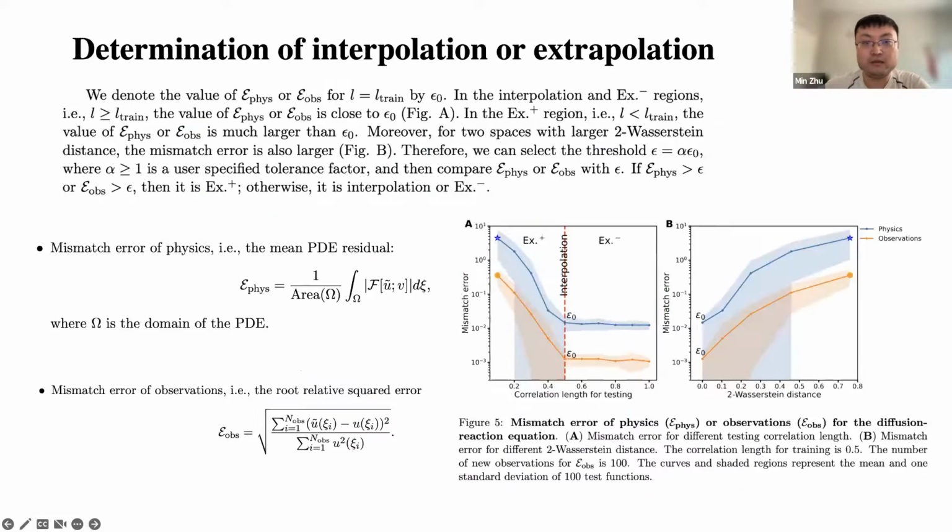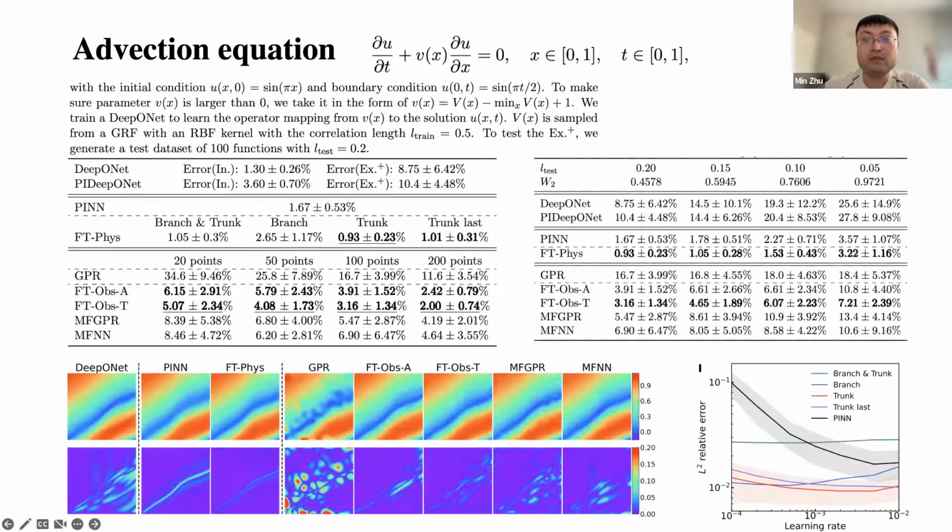Yeah, so here you are testing on 0.2. That extrapolation is smaller than 0.05, because we trained on 0.5, and when the L test is smaller, the extrapolation is larger.